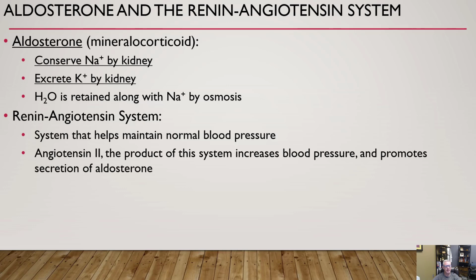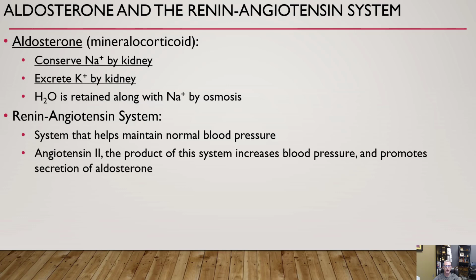All right, aldosterone. I said that aldosterone helps regulate the blood pressure by managing sodium and potassium in your blood and impacting the blood volume. But aldosterone conserves sodium and excretes potassium. And remember that wherever sodium goes, water will follow.